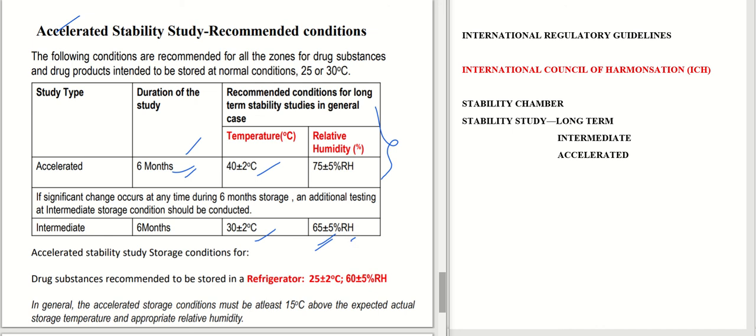So those studies are known as intermediate studies. In these accelerated stability studies, the drug substances which are to be stored in a refrigerator should be maintained at 25 plus or minus 2 and relative humidity of 60 plus or minus 5%.